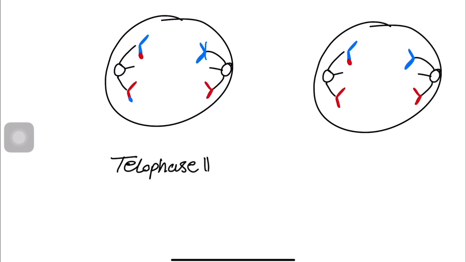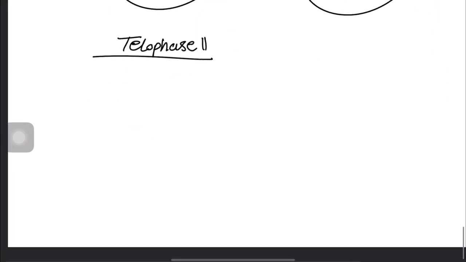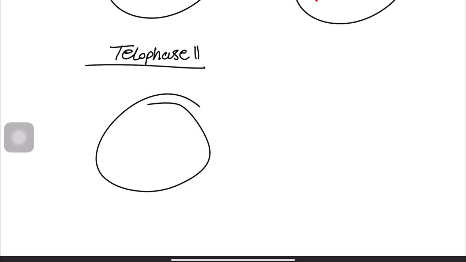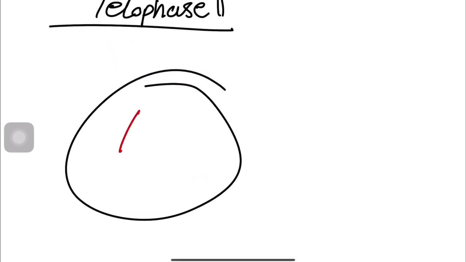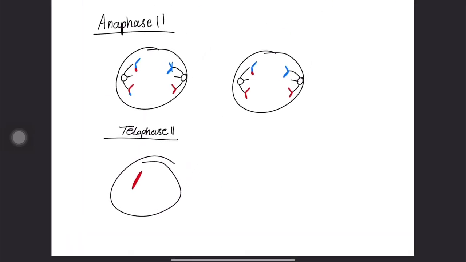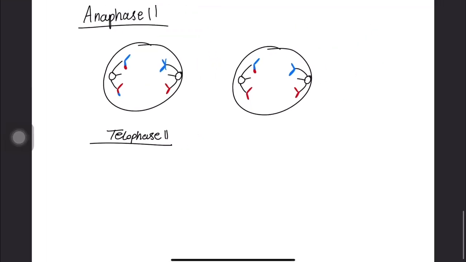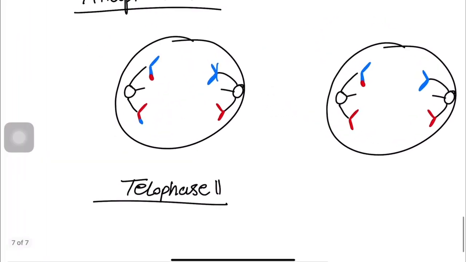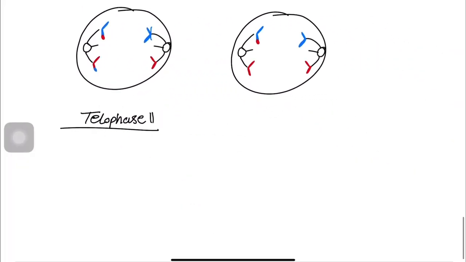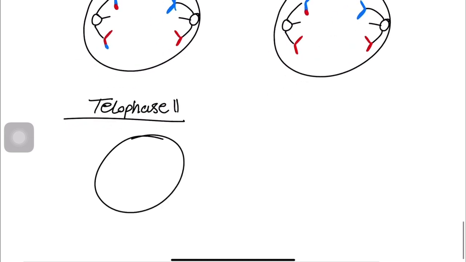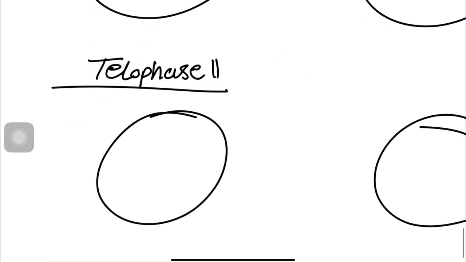This is what I will get. So this is my two cells. I have that, I have that.